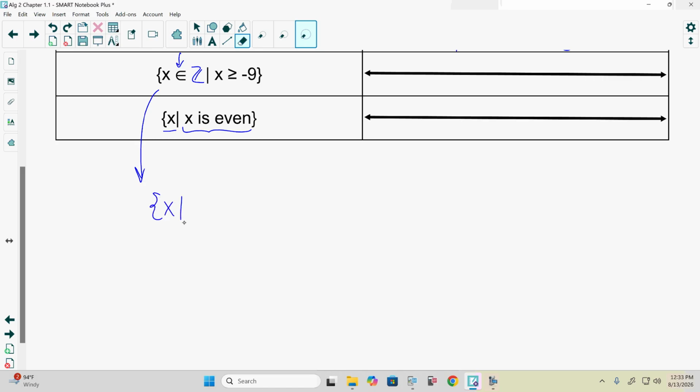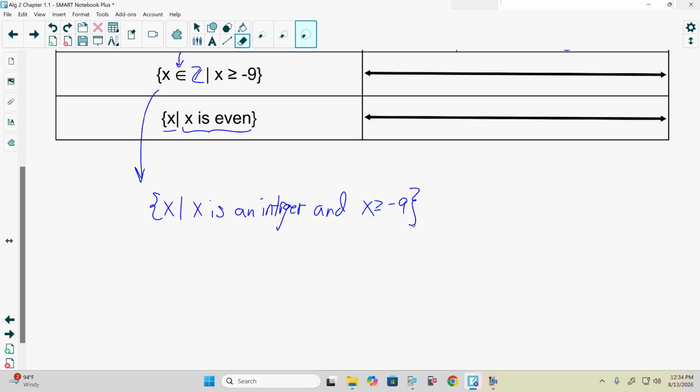The way that the textbook does it is we do the set of all real numbers x such that x is an integer and x is greater than or equal to -9. That is saying the exact same thing.